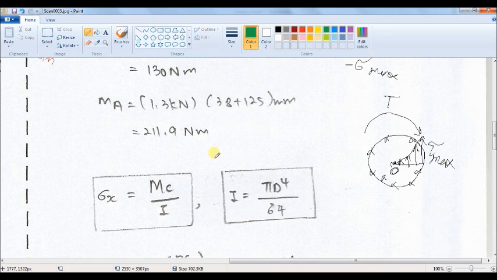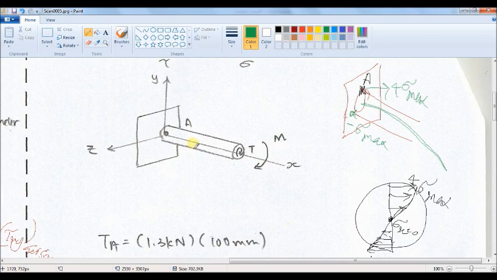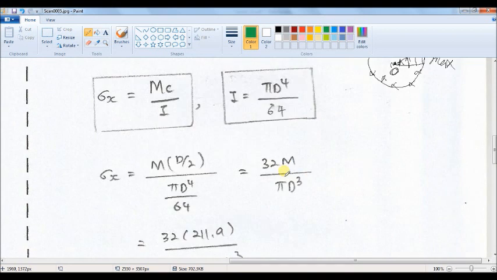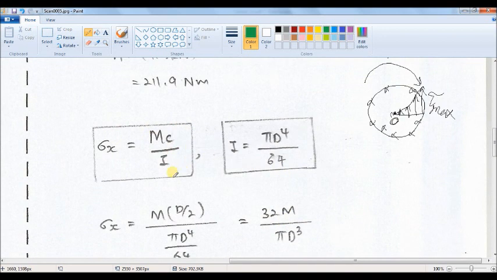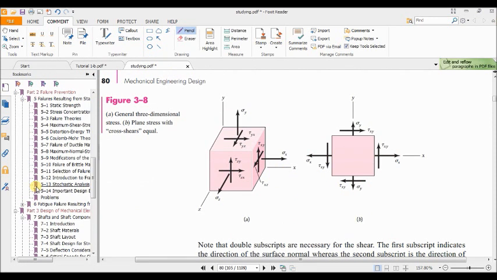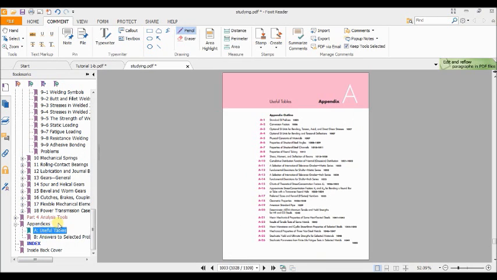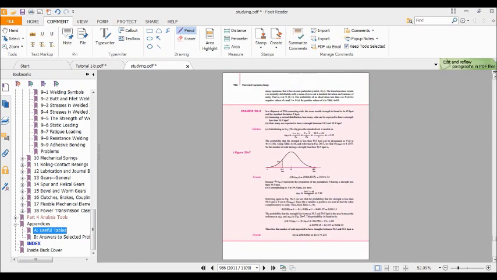Okay, to find the maximum axial stress, or axial stress in x direction, because the shaft axis is in x direction, again I have to use this equation. To find the second moment of area of the circle cross section, I can refer to the table that I showed you earlier, Table A18.